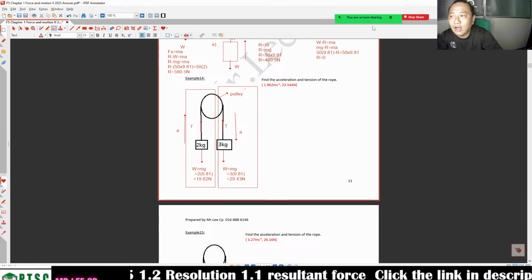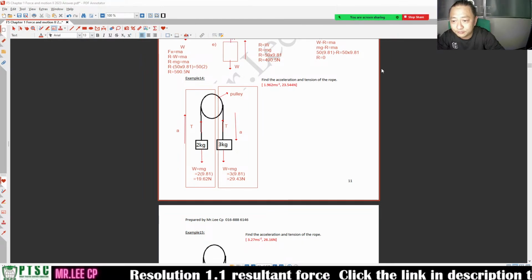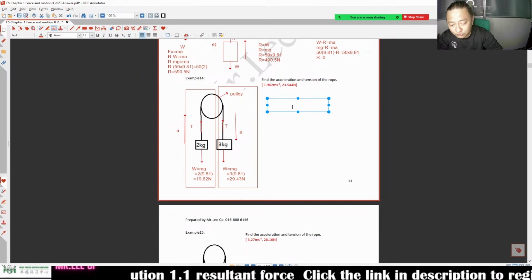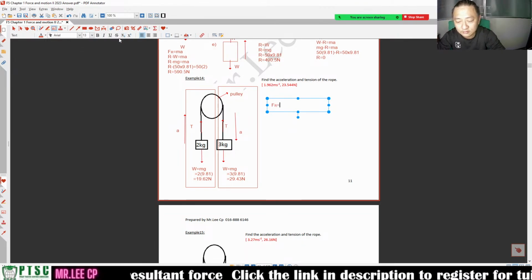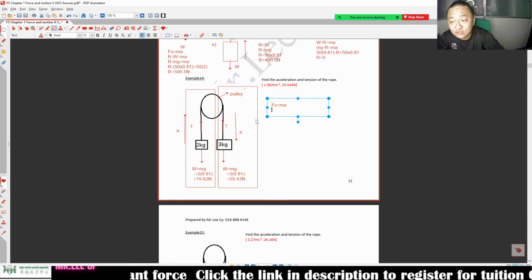Now I want to write the first equation. You see how I write? Resultant force is equal to MA. Net force is equal to MA.